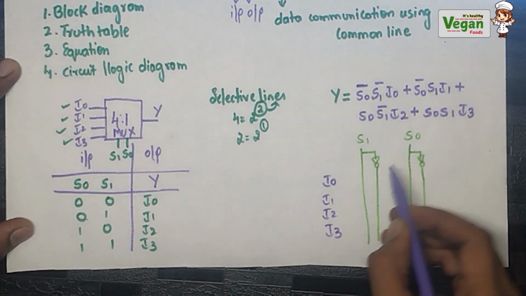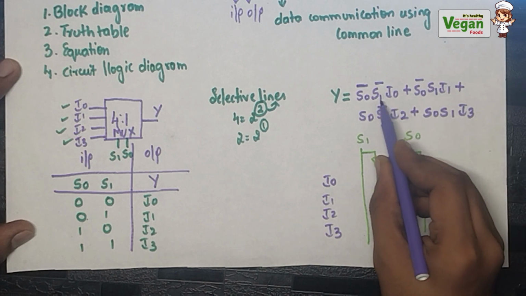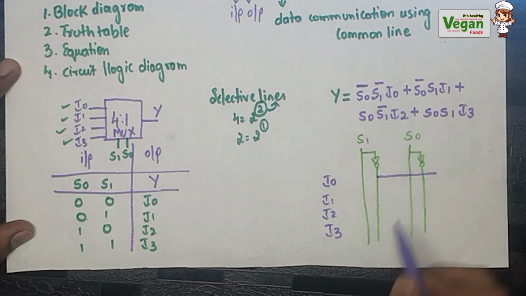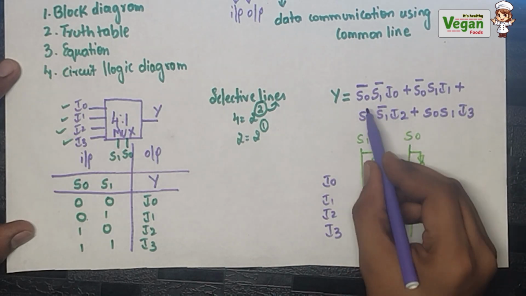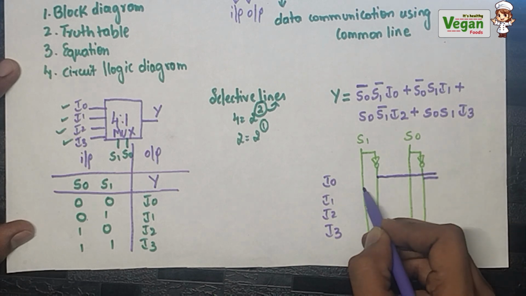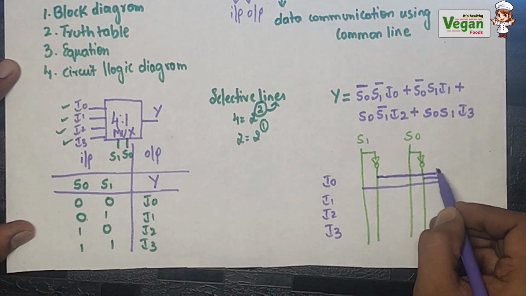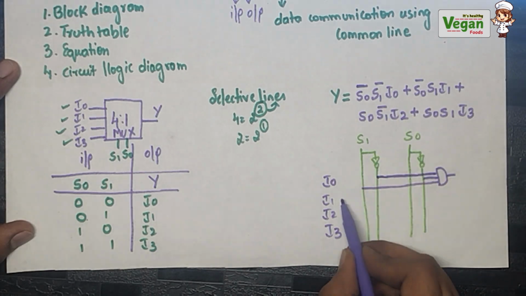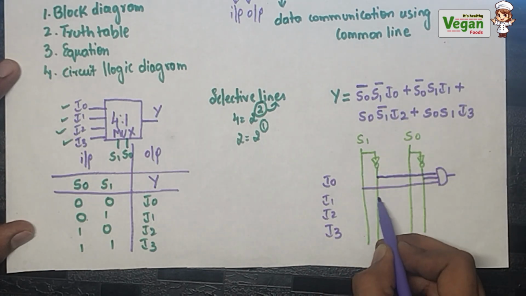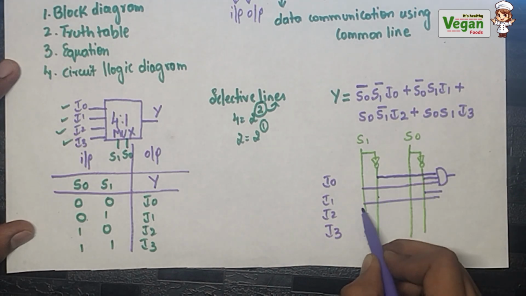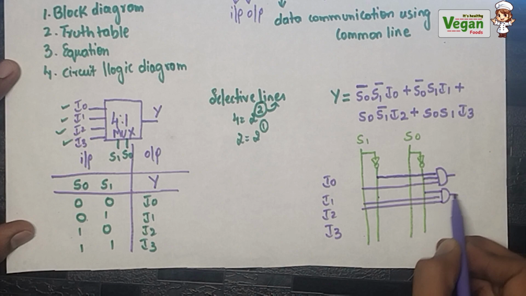First one, S0 bar means NOT gate, S1 bar. So for the first one, S0 bar, S1 bar and I0, we will use an AND gate because it is a dot product. Next for I1, S0 bar, S1 and I1, an AND gate.